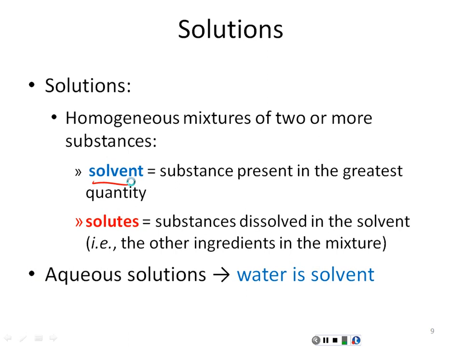And the next term that's important is solute, and those are the substances that are dissolved in the solvent, or, if you're talking about two liquids, they're the substances that are there in the lesser quantities. And today we're primarily going to be talking about aqueous solutions, and those are solutions where water is the solvent.